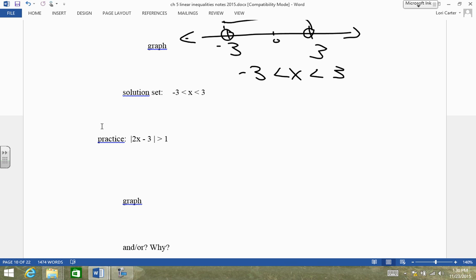And then you flip it. Because it can be either negative 1 or 1. So the inside can be negative 1 or 1, because you're asking what the absolute value can be. The absolute value of the inside can either be 1 or negative 1.